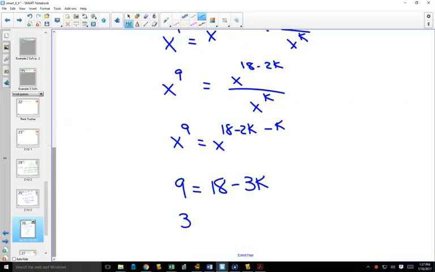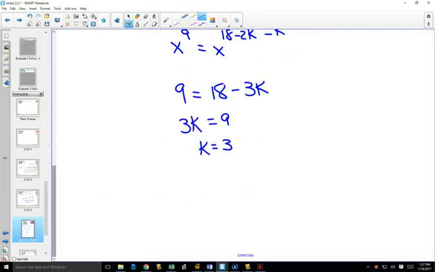I'll move the 3k to this side, subtract the 9 on this side, and divide. And I now know that k is 3, so I now know I have to find term 4. Because if k is 3, we're looking for term 4.